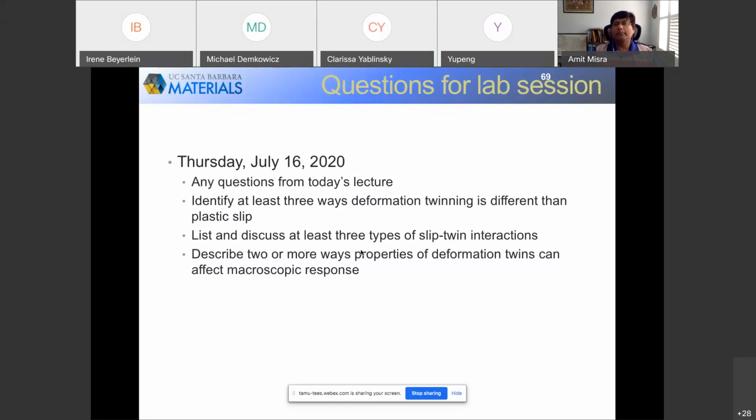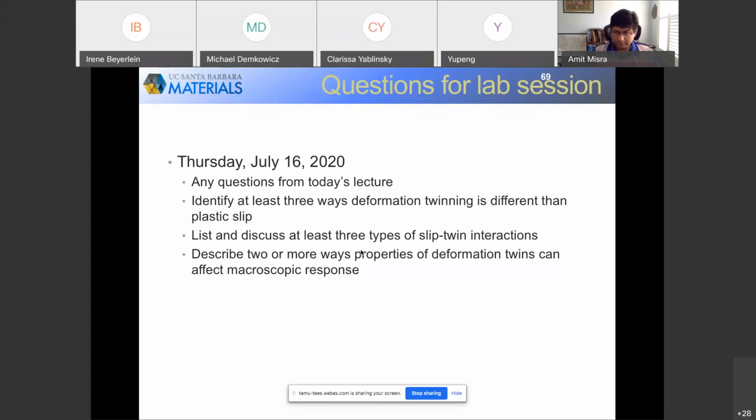So the idea is that twins do not have either, well, I'll tell you what I think. I think that they do have a temperature sensitivity, but it's not for the same reason as slip. First of all, one question to think about is why would slip dislocations twin at all?